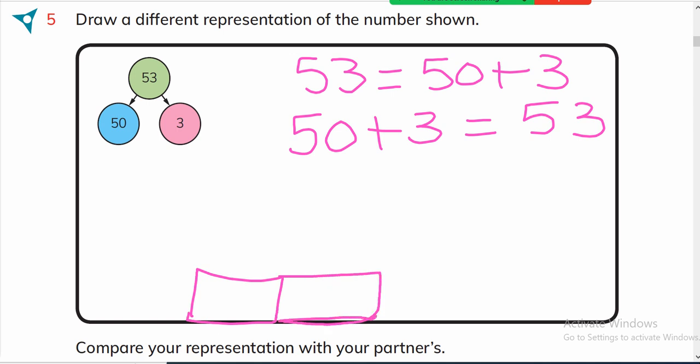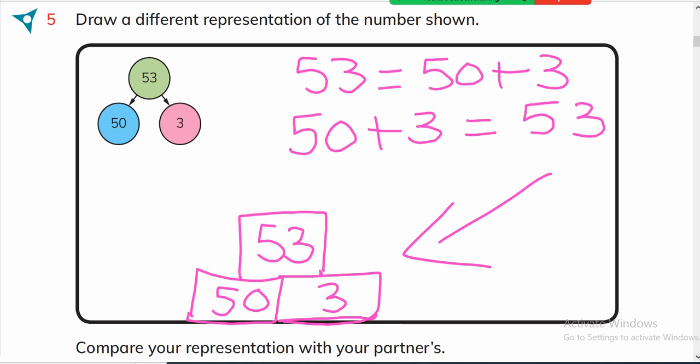Number walls work like this: two bricks on the bottom and one brick on the top will be the sum of the two bricks on its bottom. Sorry, it is 50 plus 3 is 53. This is called a number wall.